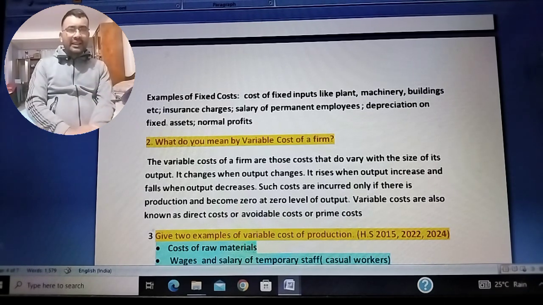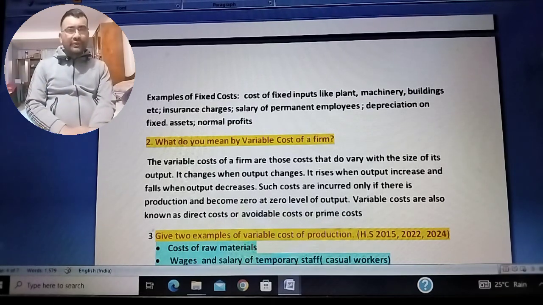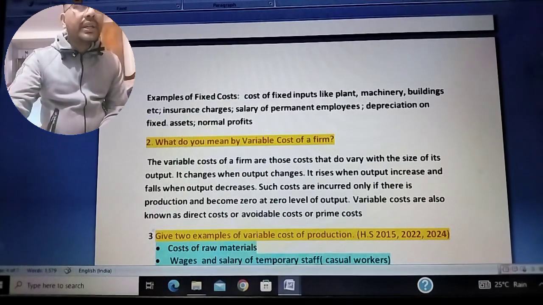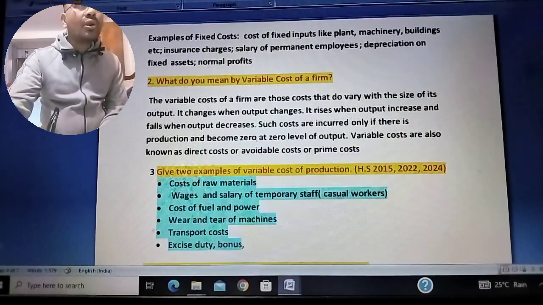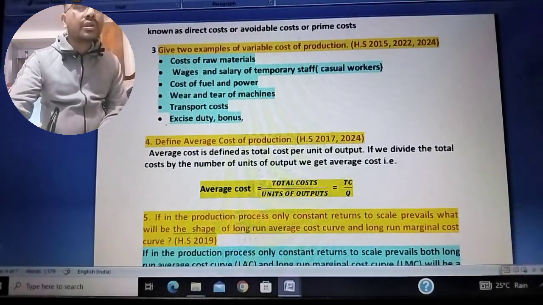And one important thing regarding variable cost is that total variable cost always varies, but variable cost per unit is always fixed. Variable cost is also known as direct cost or avoidable cost, or sometimes prime cost.